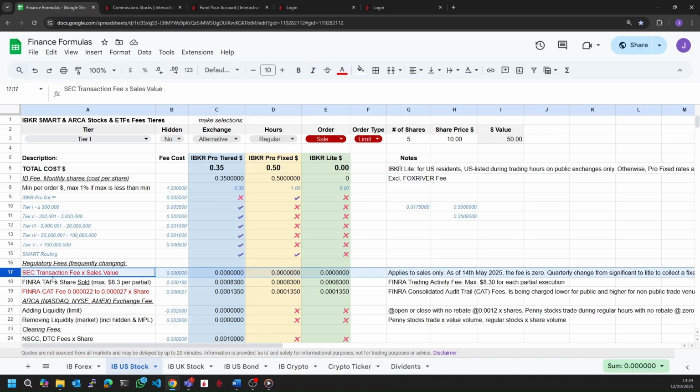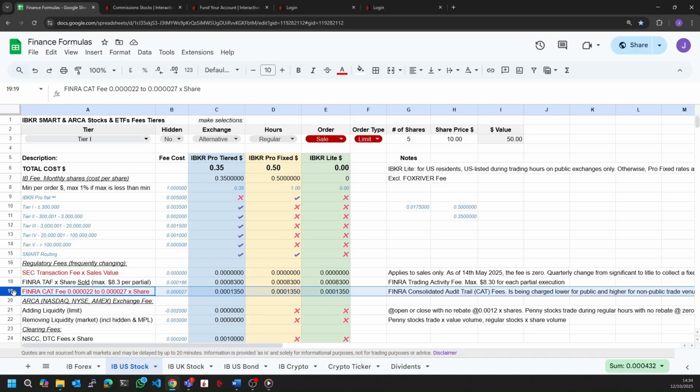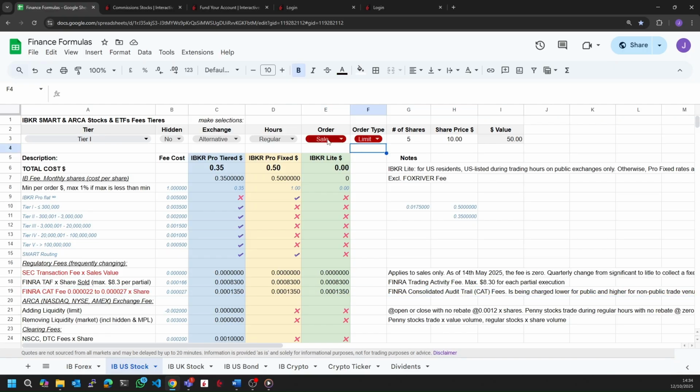This fee applies to sales orders only. It doesn't apply to buy orders. The FINRA transaction activity fee also applies only to sales, and the FINRA consolidated audit fee applies to all sell and buy. This is why I added here sell and buy, just to trigger this information here in formulas.